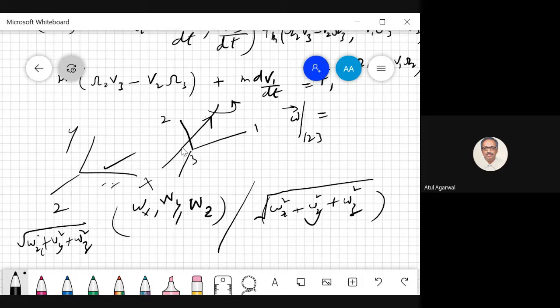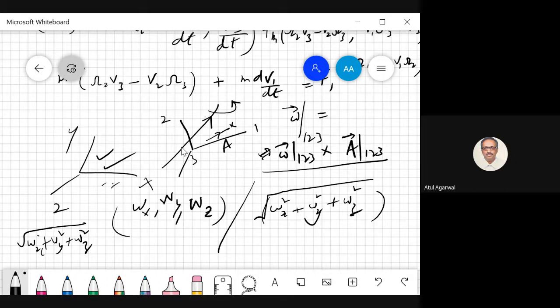When you take a cross product, if you are measuring a vector A in this coordinate system, you have to do the cross product in the same coordinate system: omega 1, 2, 3 cross A 1, 2, 3. Only then can you do the cross product. You cannot take omega of one system and vector A of another system and do the cross product. You get my point?